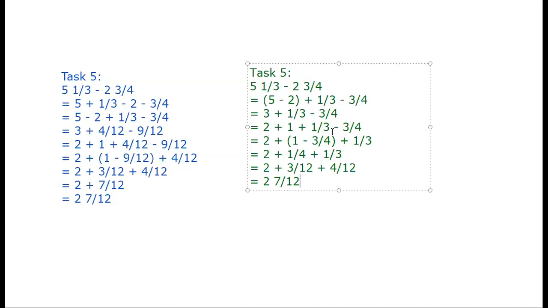Finally, they know how many whole parts are left and the fraction part left from this task. That they will know even if they go that route. But I think you know why this is helpful.